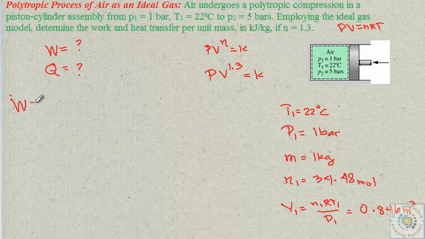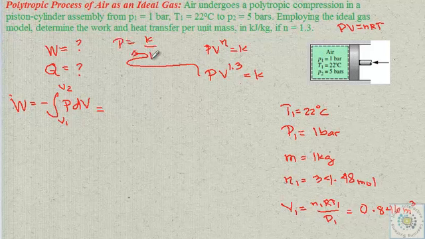Work is just equal to the negative integral of P dV, evaluated from V1 to V2. And how can we express P in terms of V? From PV to the 1.3 equal to K, P is equal to K over V to the 1.3.